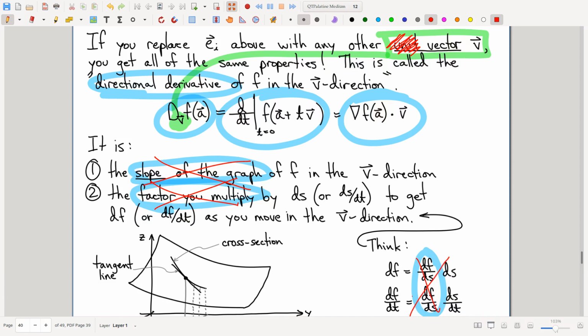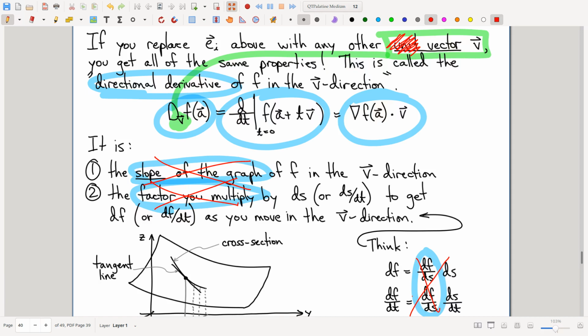That makes it seem like a bad idea. Why would we remove a requirement that results in us losing interpretations? The answer is that when you remove a requirement, this now applies more broadly. If we take this modified definition, now I can talk about the directional derivative for any vector.